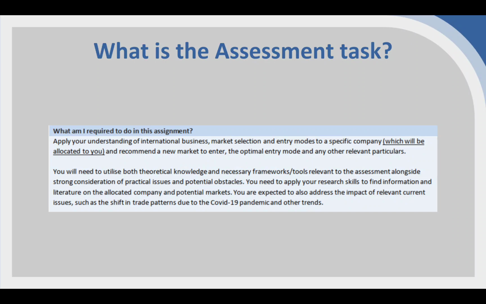That's a new national market to enter, a new country to enter, and an entry mode to use for that entry. Please do speak with your class tutors about whether the company will be allocated or you'll be given a chance to propose it. But we need to end up with a paper arguing for these two specific recommendations.